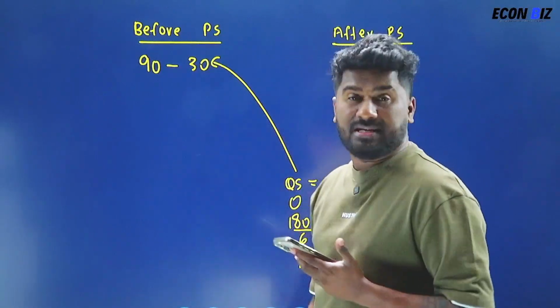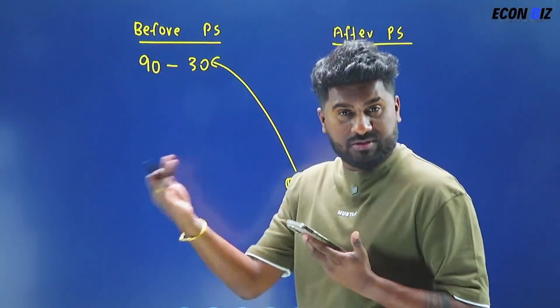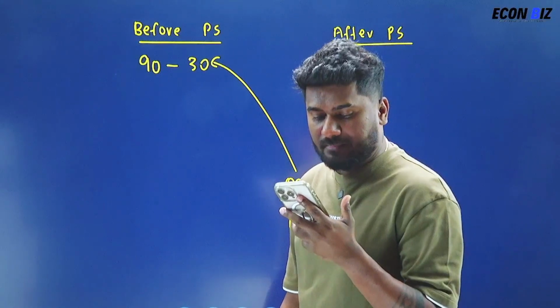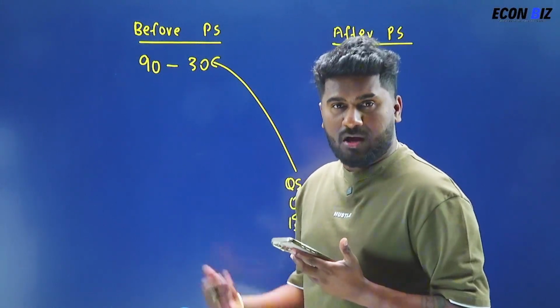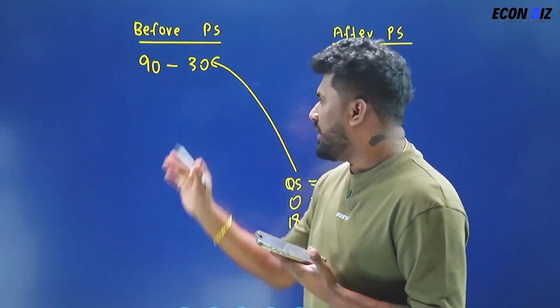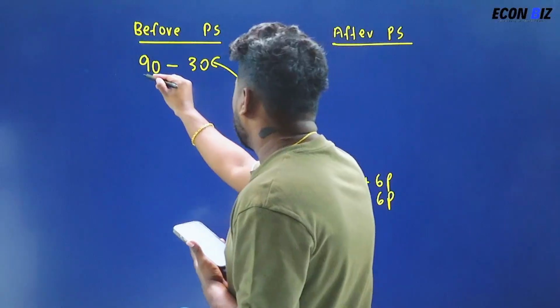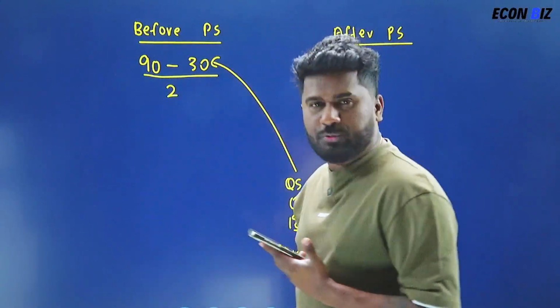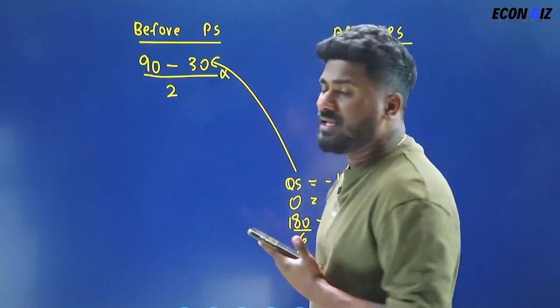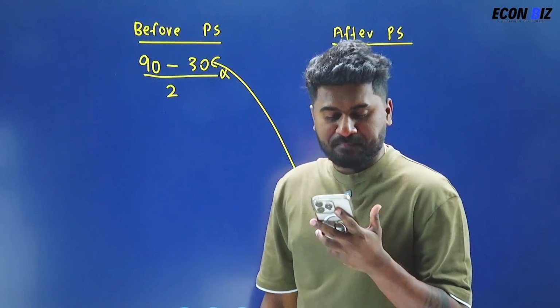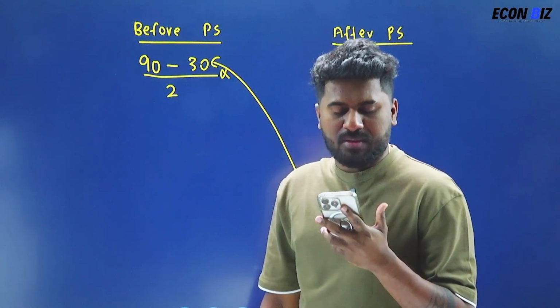Minimum expected price 30, but actually producer is receiving 90 from the market equilibrium. So there is a 60 rupees advantage. This should be divided by 2 and multiplied by the equilibrium quantity.